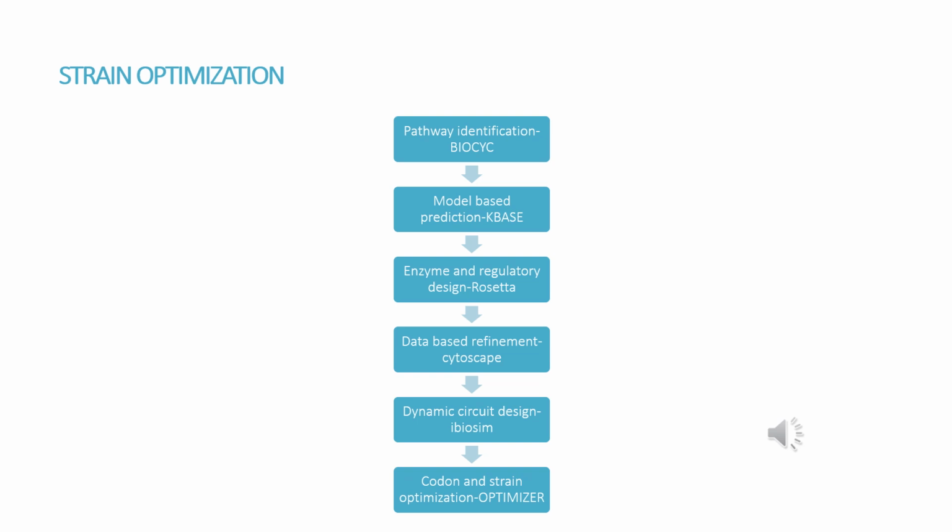The next one is codon and strain optimization that can be done by heterologous gene expression using Optimizer or Genius. The last one is implementing strain modifications which can be done through tools such as CRISPR-Cas9 design.